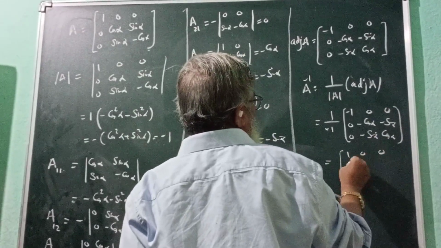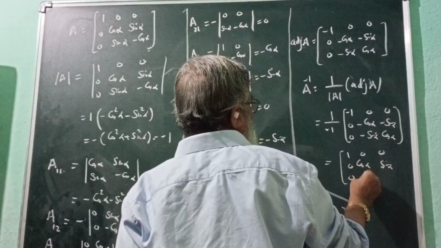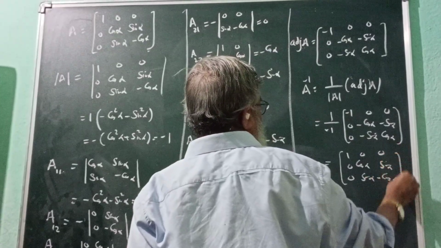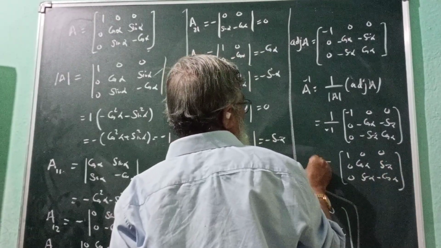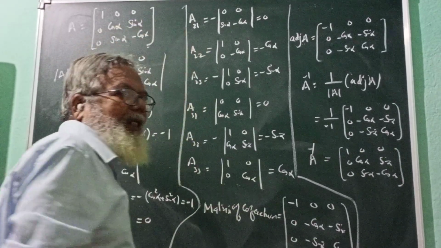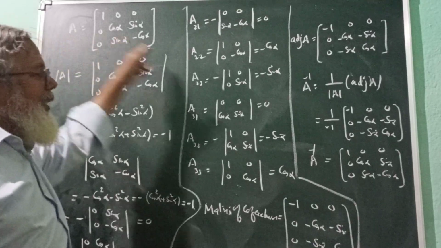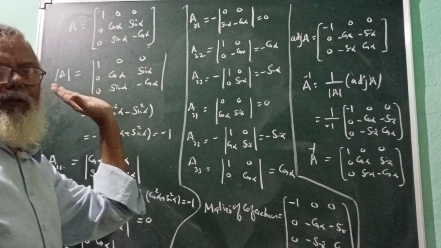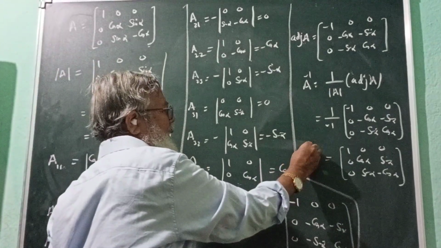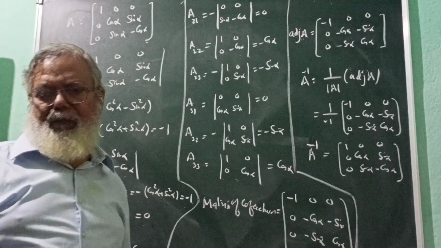That gives 1, 0, 0; 0, cos alpha, sin alpha; 0, sin alpha, minus cos alpha, which is the inverse of the matrix. Now you can see, interestingly, that the given matrix and its inverse are exactly the same. Sometimes it happens. So this is the method of finding the inverse of a third order matrix.